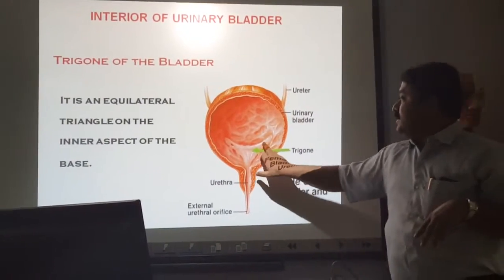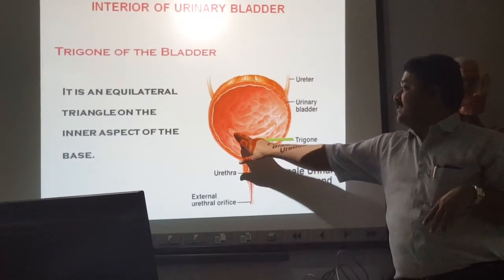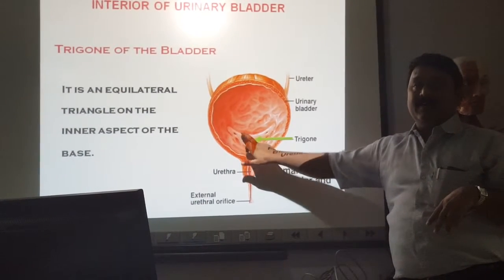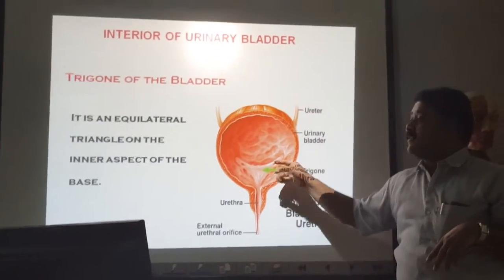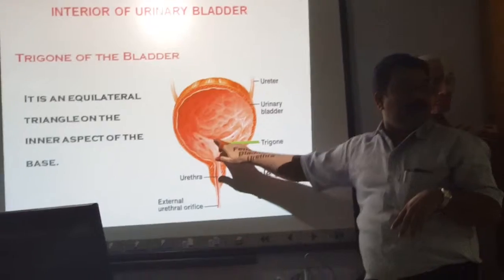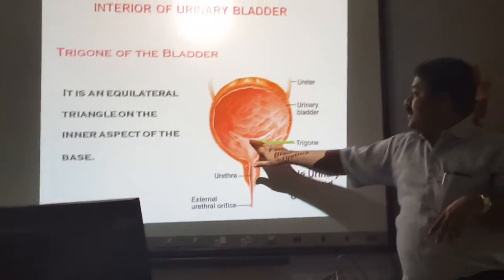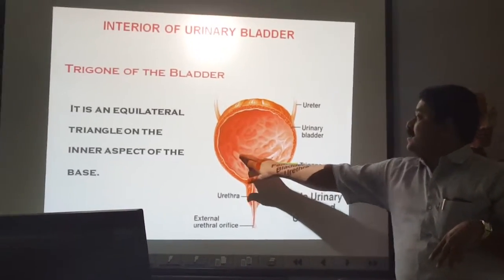Here the ureteric openings are there on either side, where the left and right ureters open. It has an apex and a base.